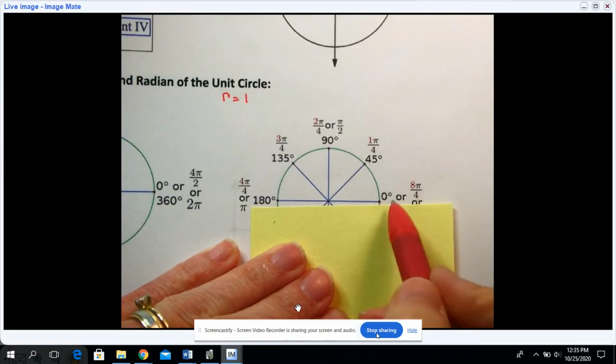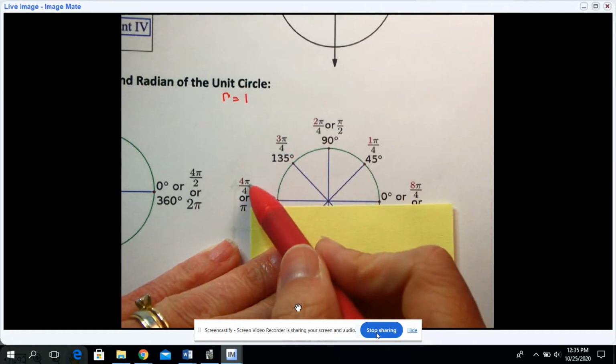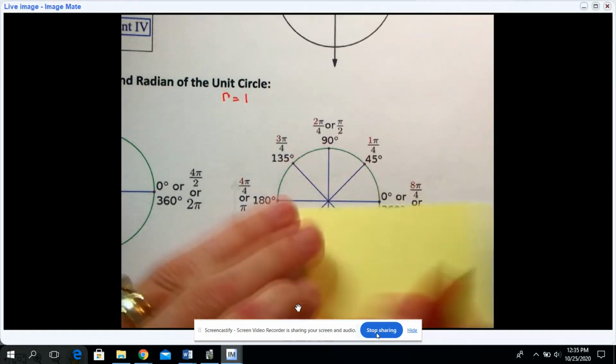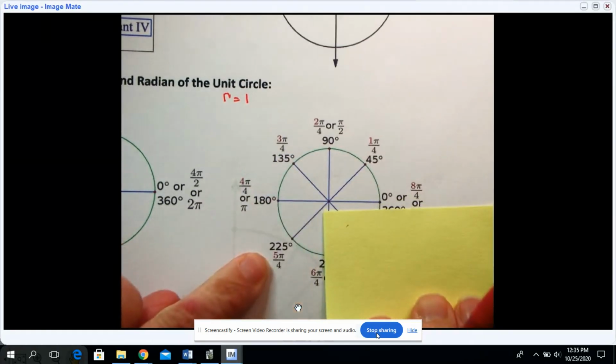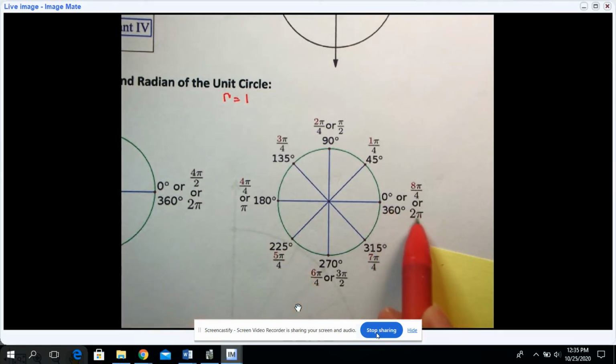So again, this is 1/4, 2/4, which reduces, 3/4, and then 4/4, which reduces to pi. And then now you're going down another quarter, so that's 5/4. And then 6/4 reduces to 3/2 pi, 7/4, and then 8/4 reduces to 2 pi.